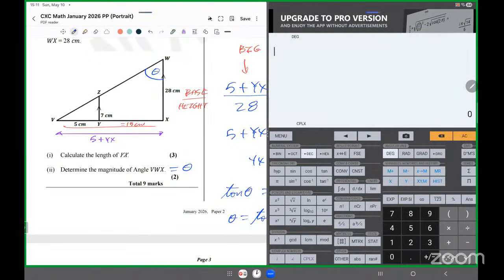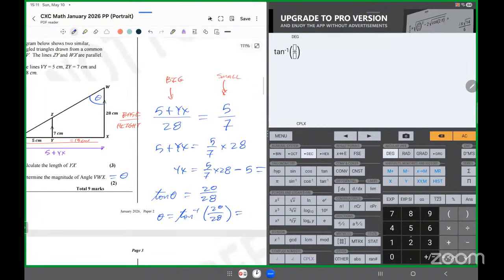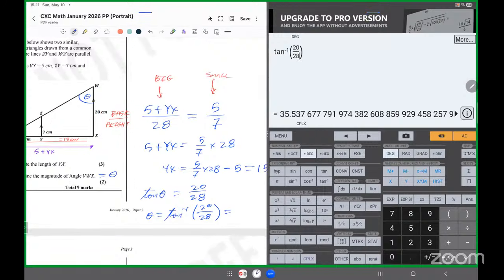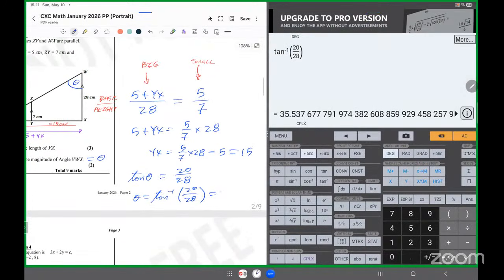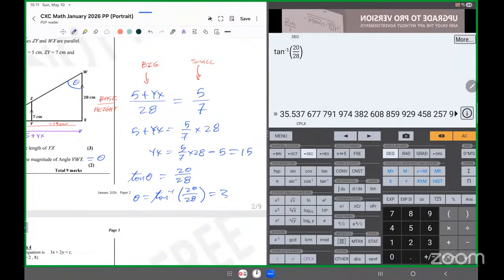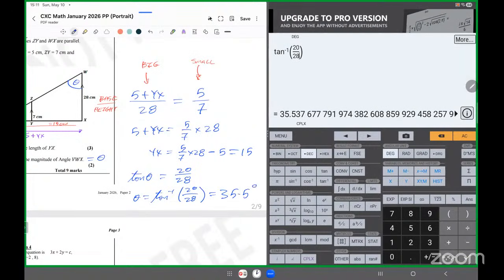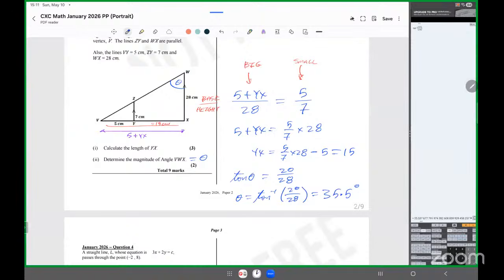So it's tan to the minus 1 of the fraction opposite over adjacent. That's 35.5 degrees. Remember, you must give the answer to one decimal place when you're giving an angle in degrees. 35.5 degrees. That is it. Okay with that? All right, beautiful.